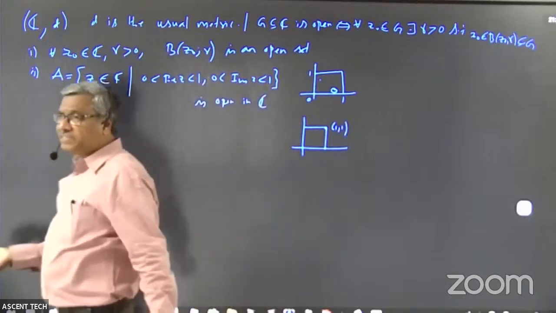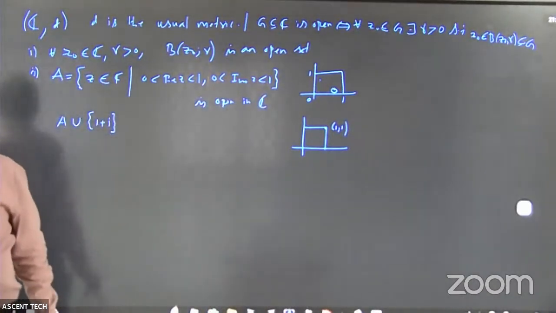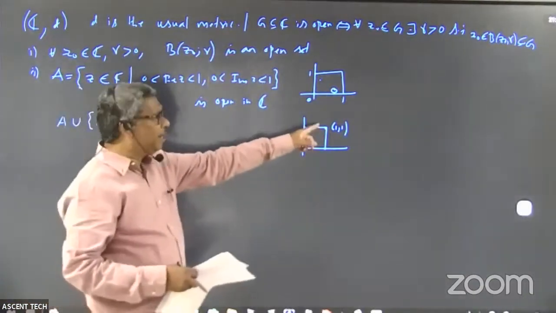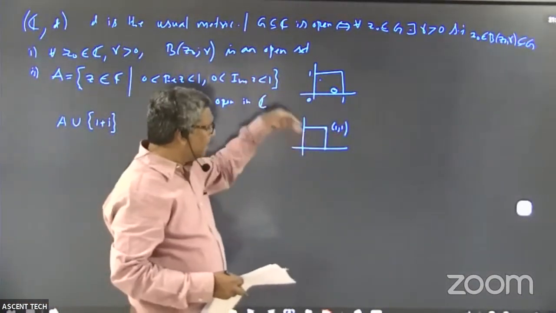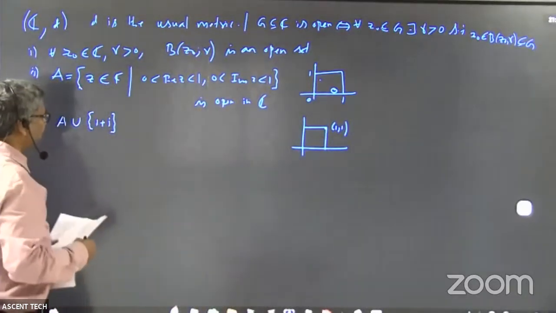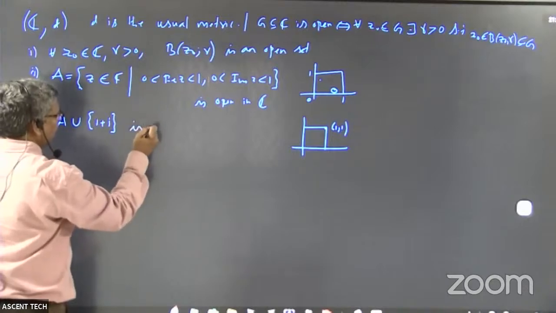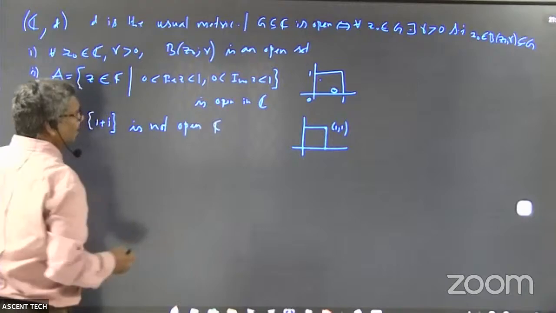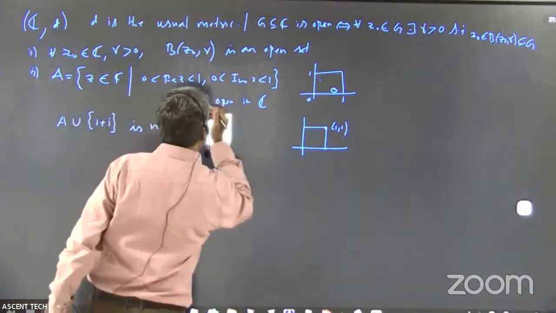Now, is it an open set? No, because whatever small neighborhood I draw around it will not be contained inside the set. So this is not open. The set A union 1 plus i is not open in C.